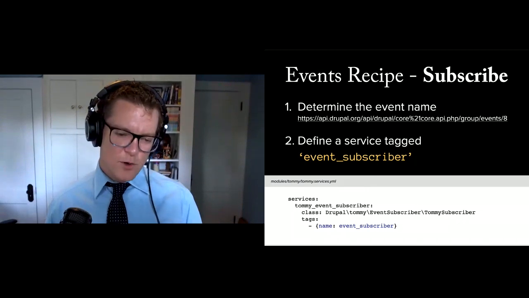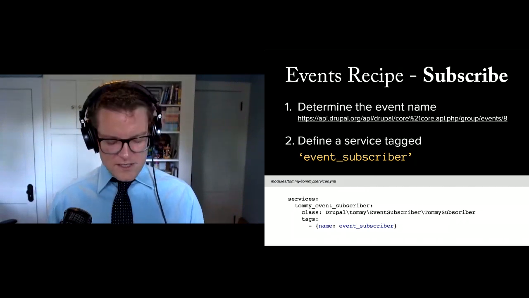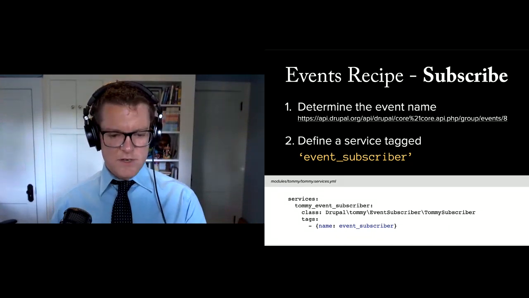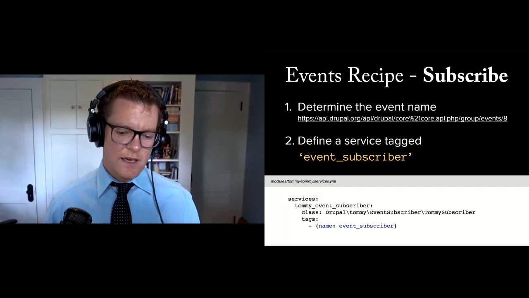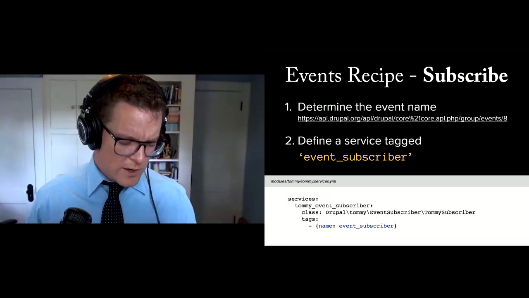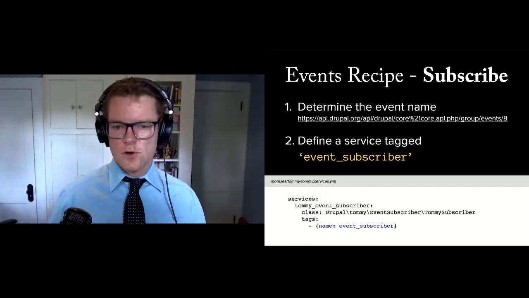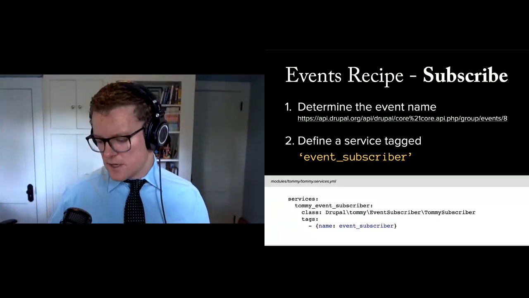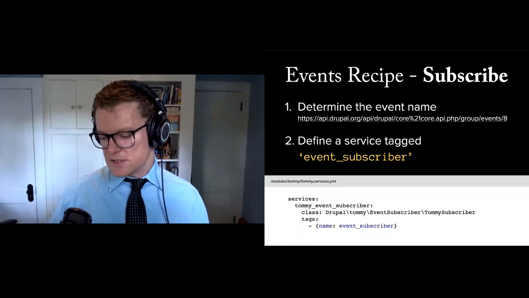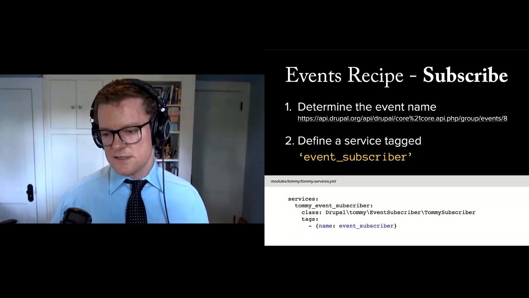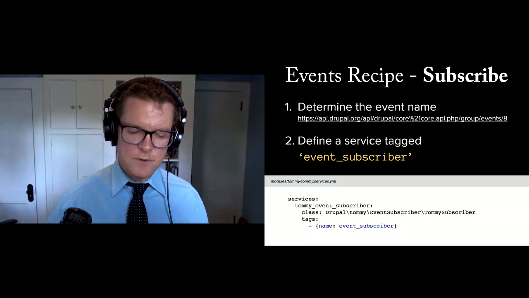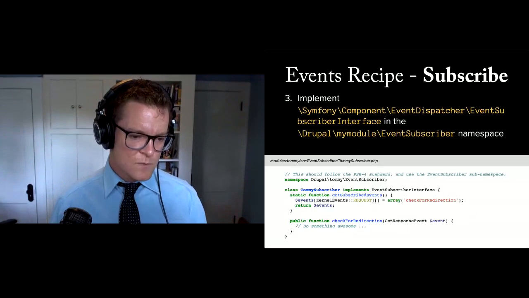And what it does is it says, when this event is triggered, load this class, the Tommy subscriber class, and call a certain method on that class. The reason that Drupal requires you to do it in this way is for performance reasons. It allows the list of events that are dispatched and who is subscribed to those events to be statically compiled into the service container so that it doesn't need to figure this out at runtime whenever events are dispatched.